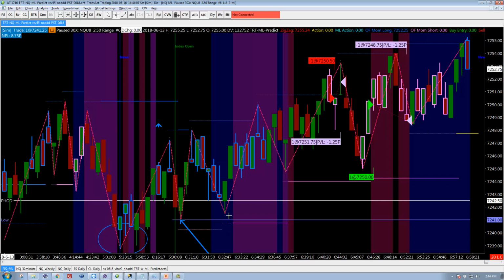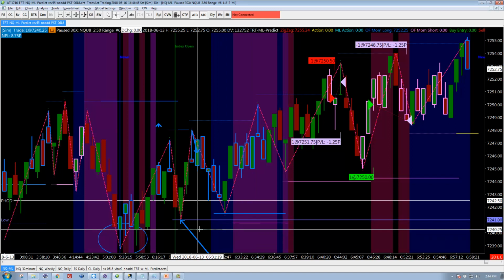It's possible that the pullback will happen, like this is the level right here, and take you all the way through there and then go up. So the way the system works is you have to identify that I have a higher low that I want to trail to for a long. I'm not going to move the stop further away from price. So that's why you see these go dark: now I know I'm at a level that is higher than the previous one for the longs.